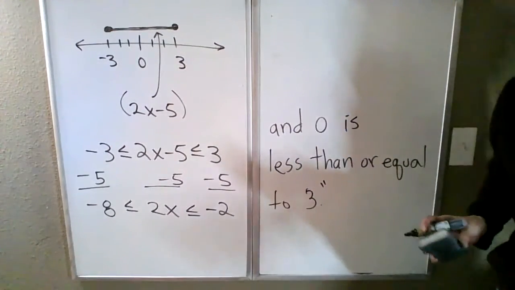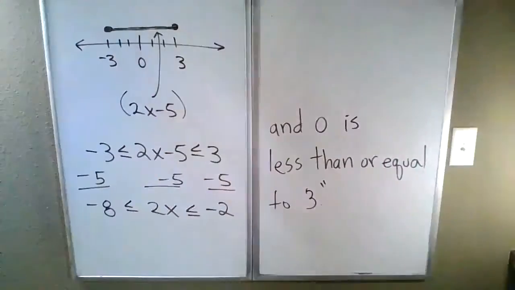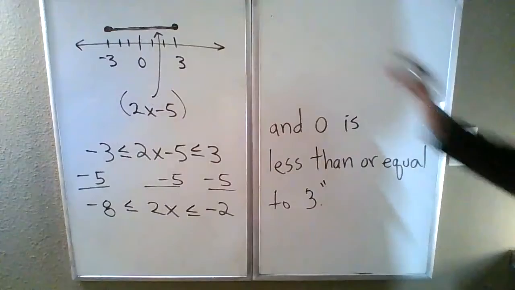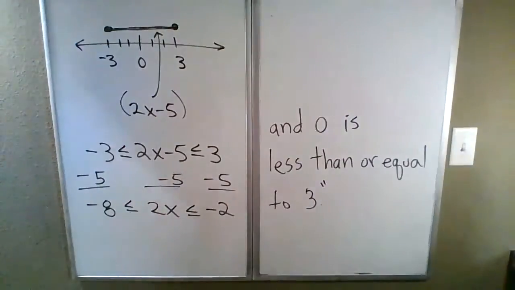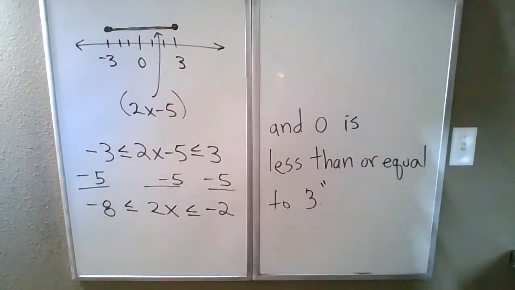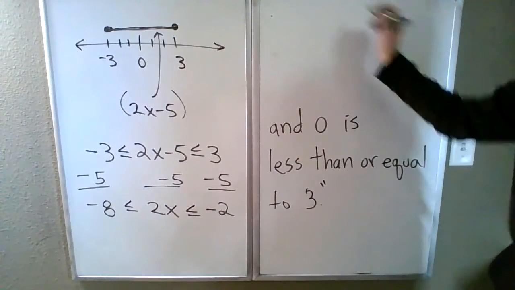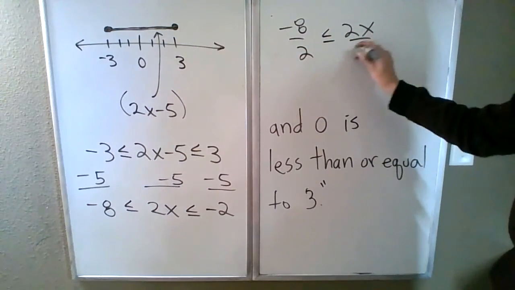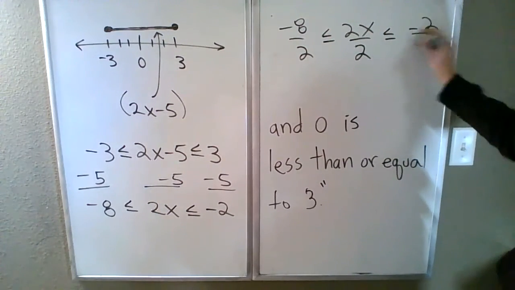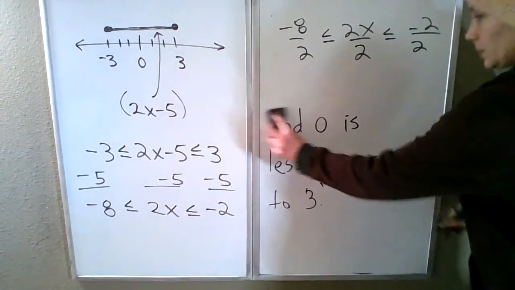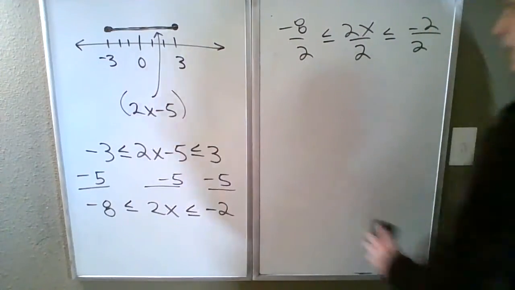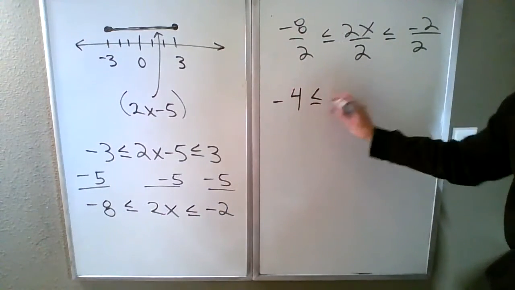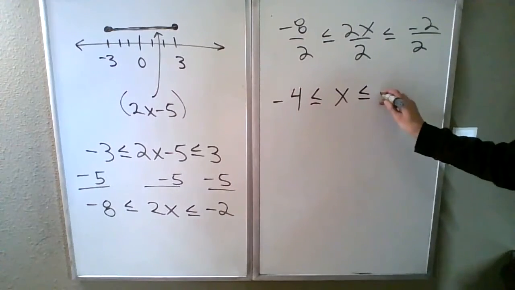So much shadow. Okay, this is -4, less than or equal to x, which is less than or equal to -1.